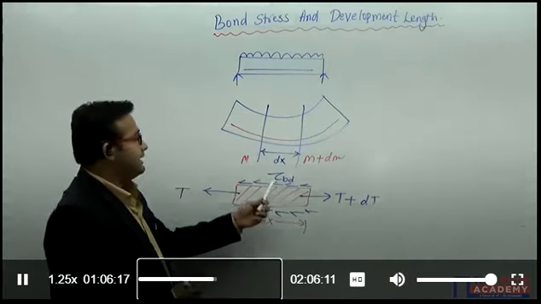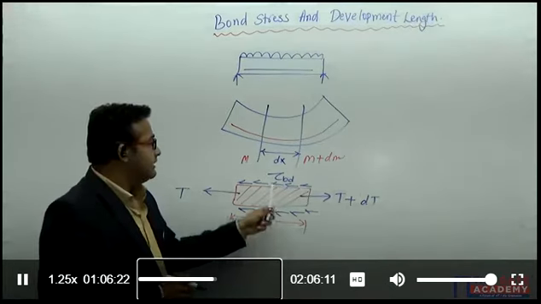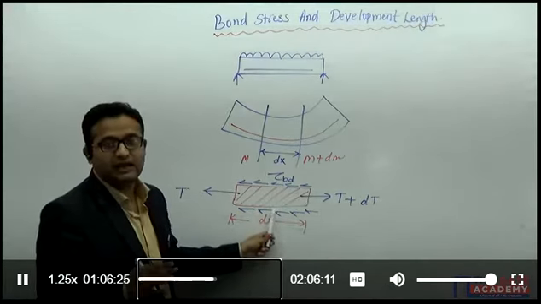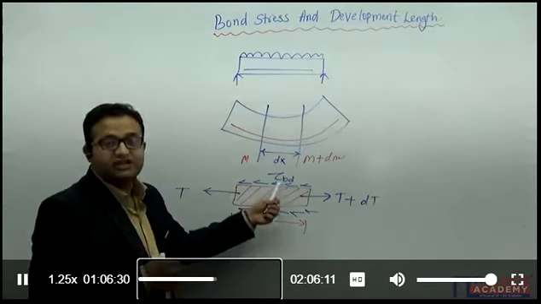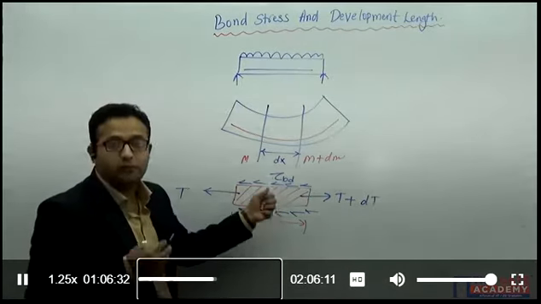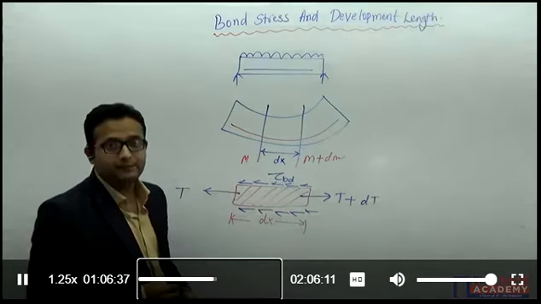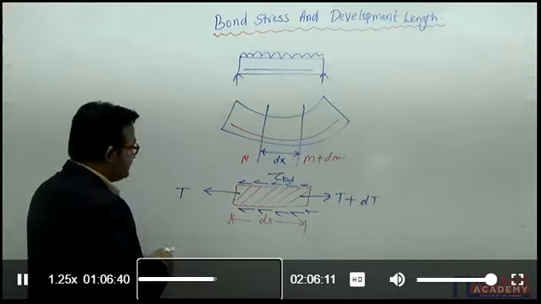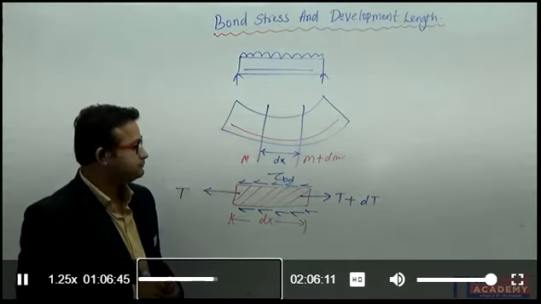These stresses are actually shear stresses, but these stresses are surrounding the steel and taking the bonding with the steel. That's why I am calling it shear stresses, but in the form of bond, so the bond stresses. Suppose I am denoting it by tau bd. So here tau bd is the developed shear stress, right?